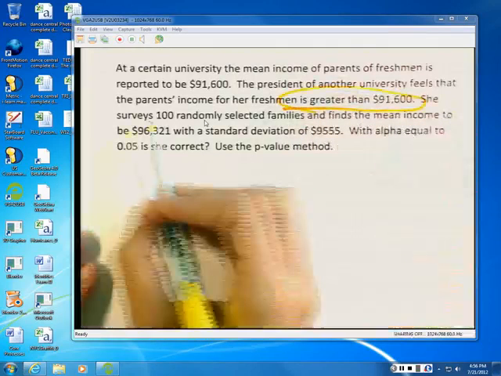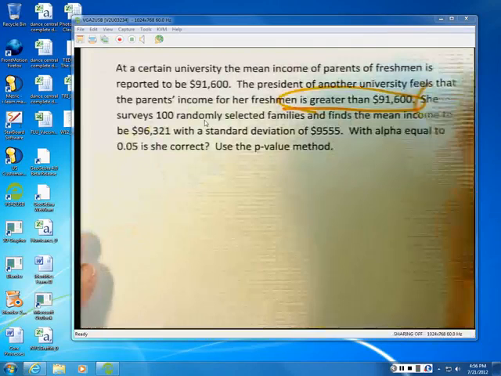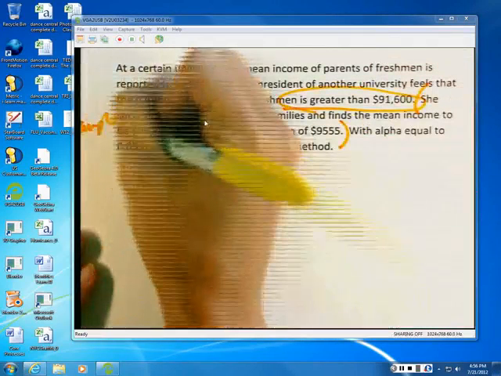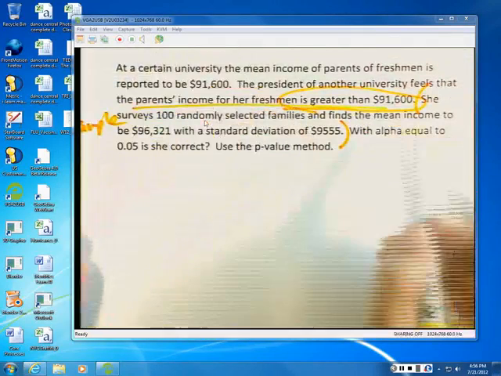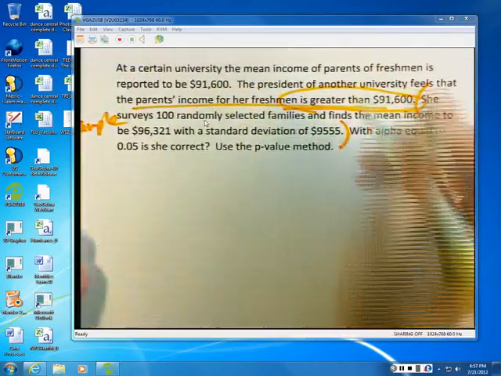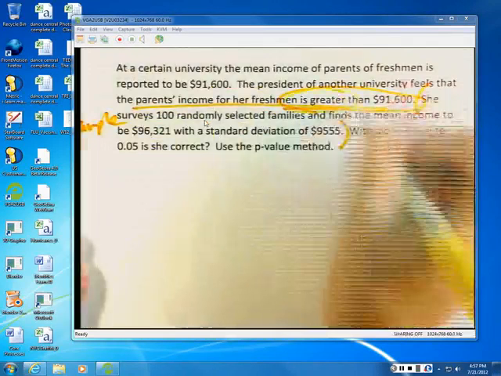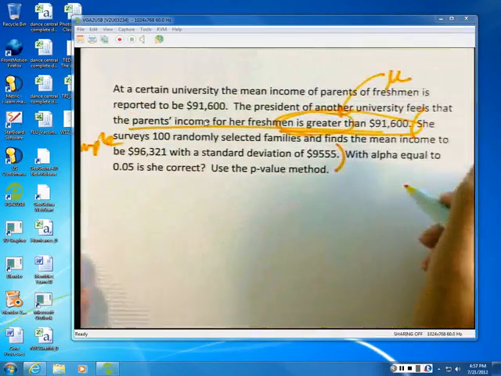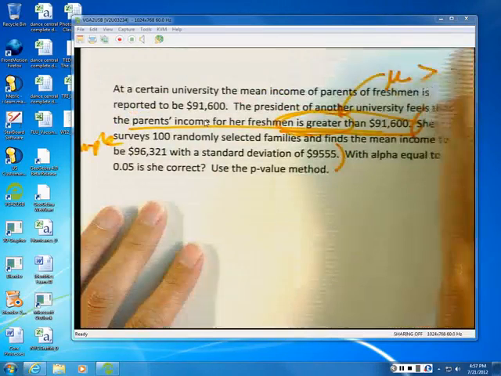She surveys, okay, so all of this from here to here is the sample stuff. So this stuff here is our hypothesis. Greater than, so that is mu. So the actual average income is greater than 91,600.